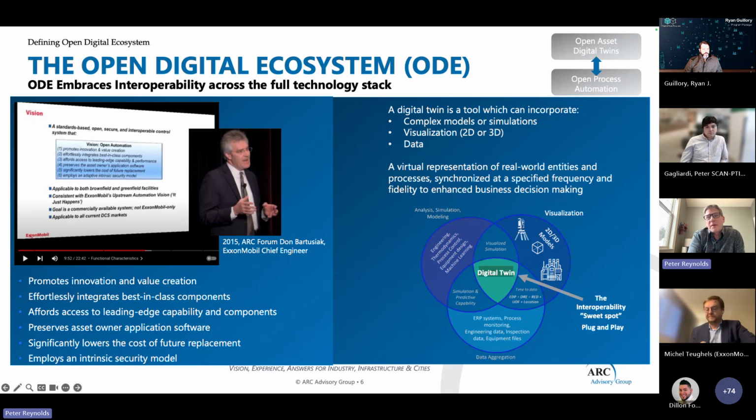So that in 2015 is what OPA, Open Process Automation, is today with 130-plus companies.